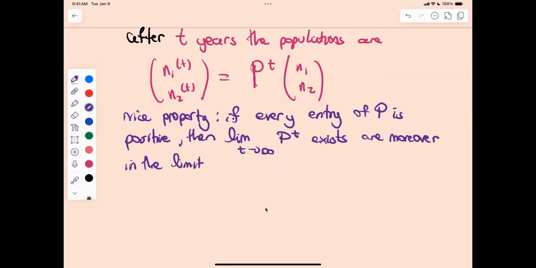Let's call that matrix P infinity, the matrix that exists in the limit. All the columns are identical.